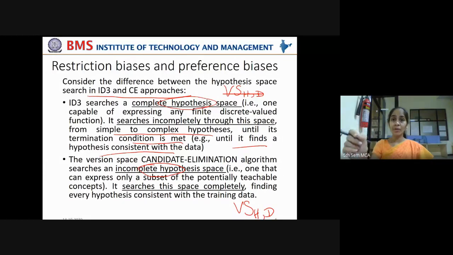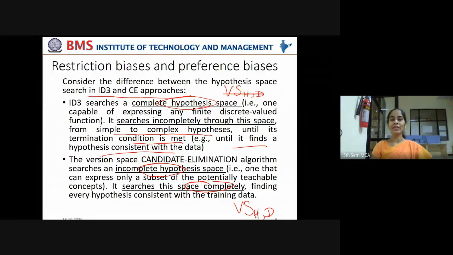It may not sometimes contain the optimal hypothesis that will be consistent with the training examples also. That is the risk in candidate elimination algorithm, right? So the version space of candidate elimination algorithm searches an incomplete hypothesis space which may not contain the target function, or which may not contain the target solution, but it searches this space completely.